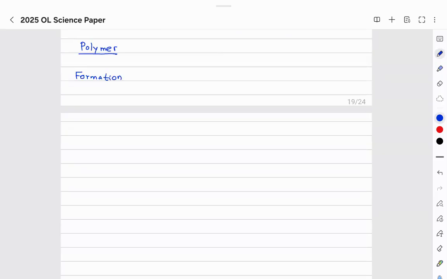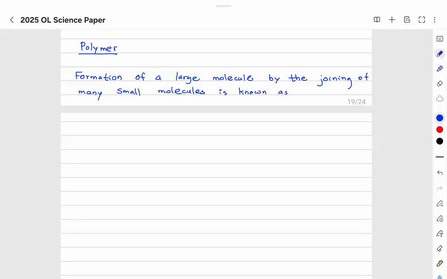Remember, students, formation of a large molecule by the joining of many small molecules is known as polymers. And formation of these polymers is known as polymerization.